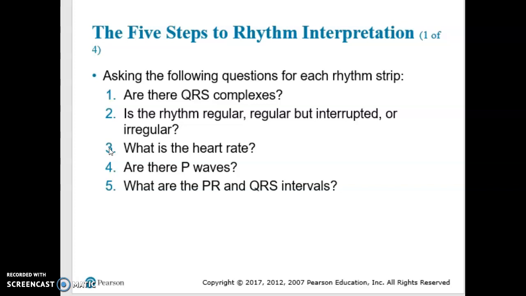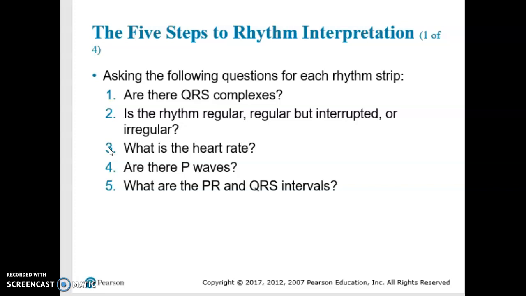However, if the rhythm is irregular, or if the rhythm is regular but interrupted by a pause, you want to use the 6-second strip method. And with the 6-second strip method, we will go to the consecutive R's.